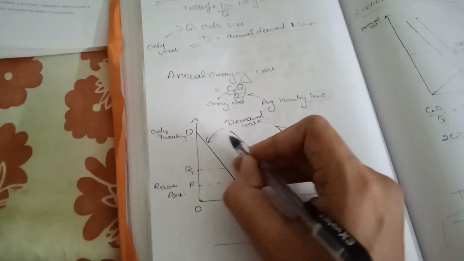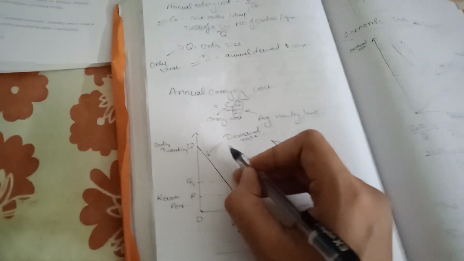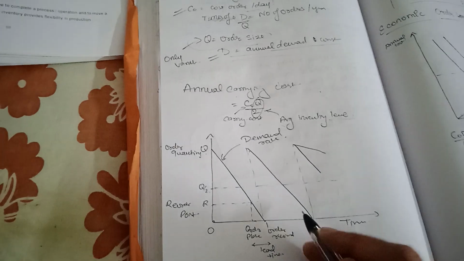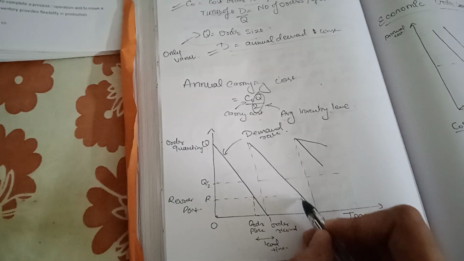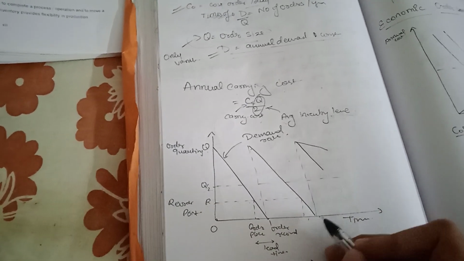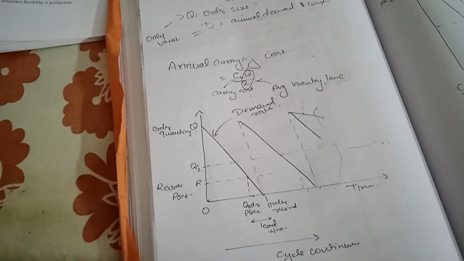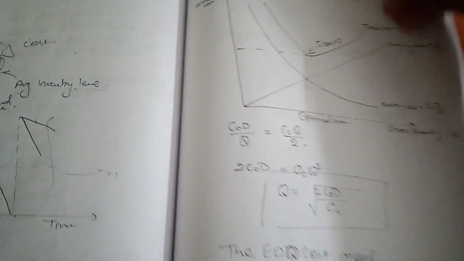We got 1,000 at first, and now we again have 1,000 scooties. So again it starts, at this point we give the order, the order comes, and it shoots back to this point, and this cycle continues. This is the whole concept of inventory order making.